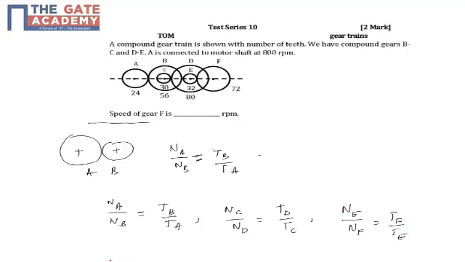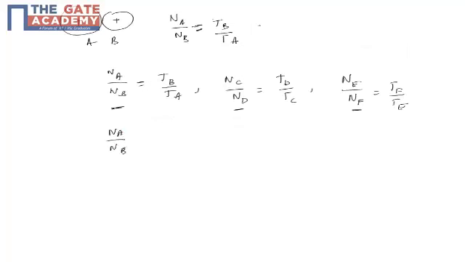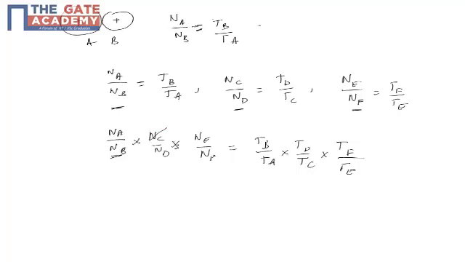I want the speed of F, so basically if I multiply these three equations, NA by NB into NC by ND into NE by NF on the left side, and on the right side it will be TB by TA into TD by TC into TF by TE.